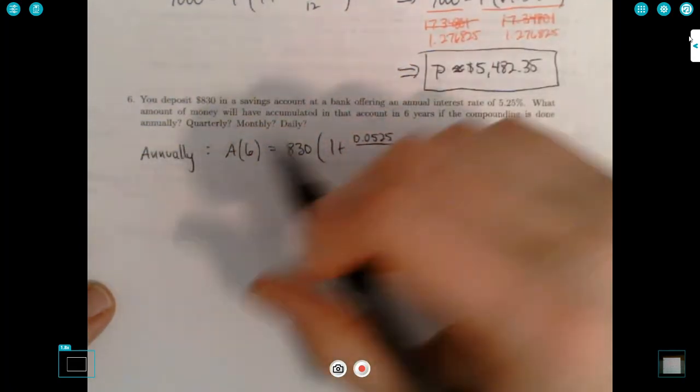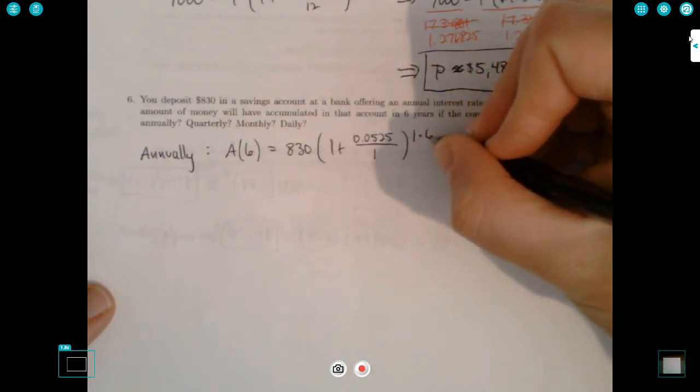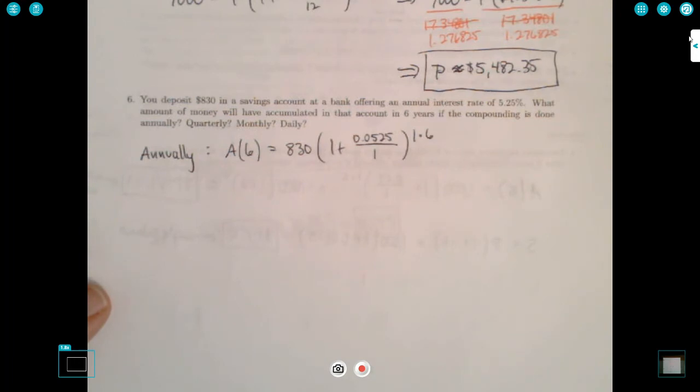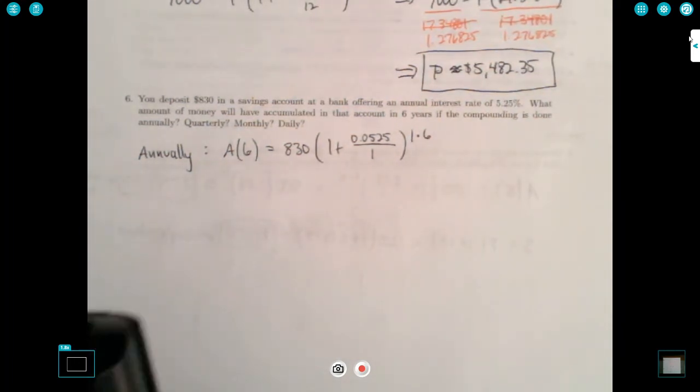If it's compounded annually, then that number is 1, to the 1 times t, which is 6. So I'm going to punch that into my calculator, 830 times 1 plus 0.0525 divided by 1 to the power of 1 times 6. Okay, and so that comes out to about $1,128.26.